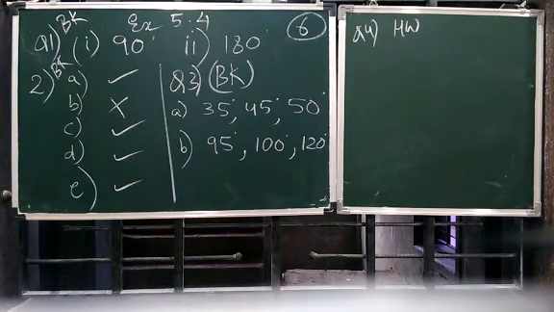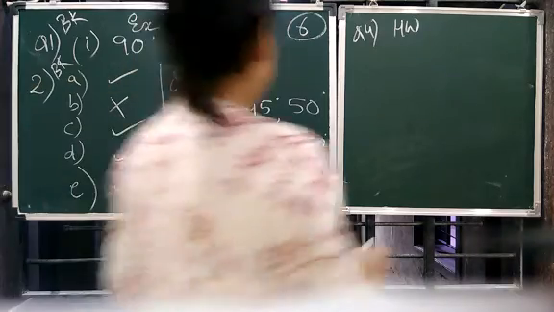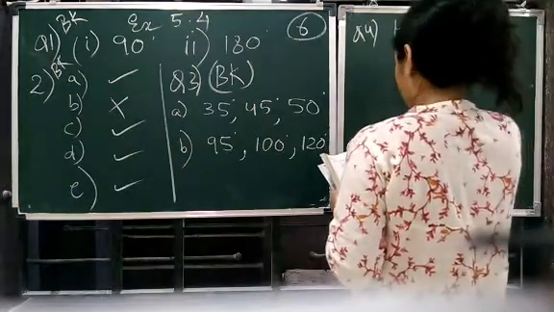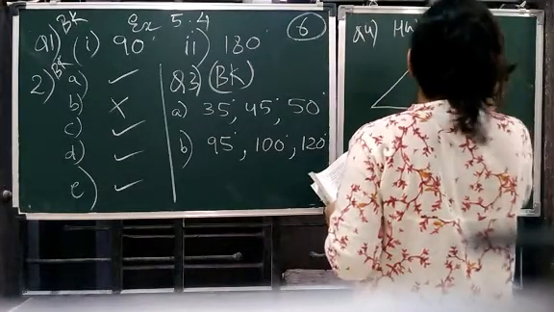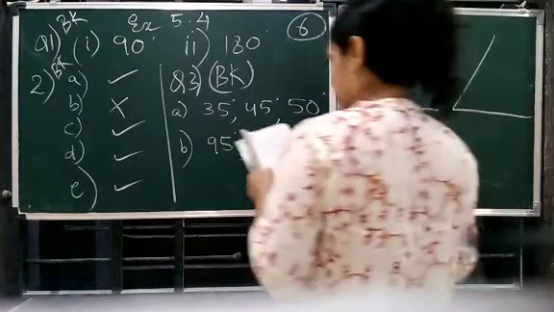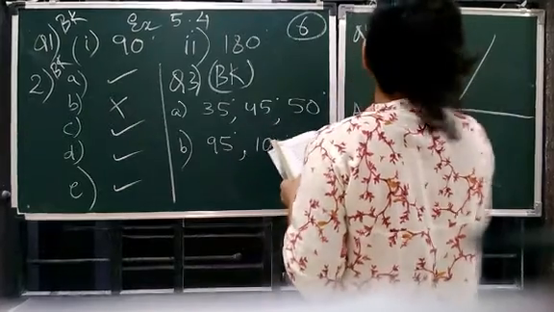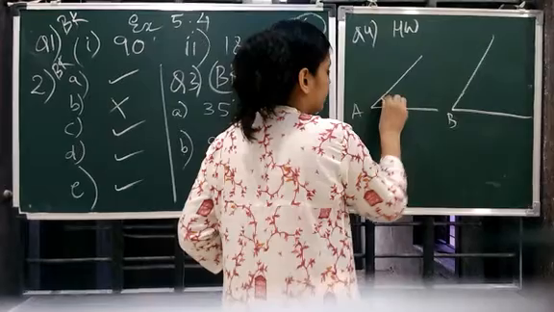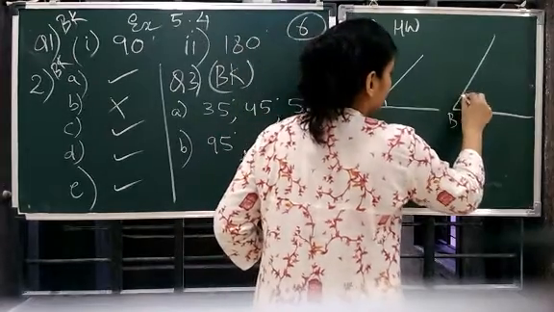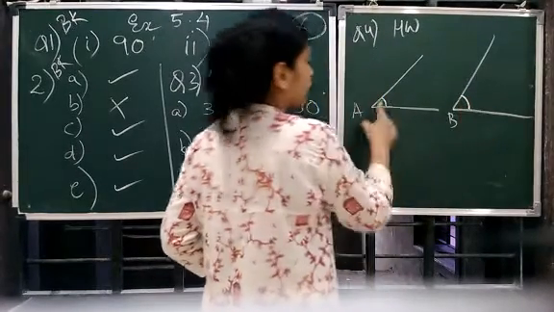Then comes question number 5. Which angle is large? First estimate and then measure. This is one angle and this is one angle. So this is angle A and this is angle B. So which angle is large? We can see here. We have learned the arc. Yes, which arc is greater?